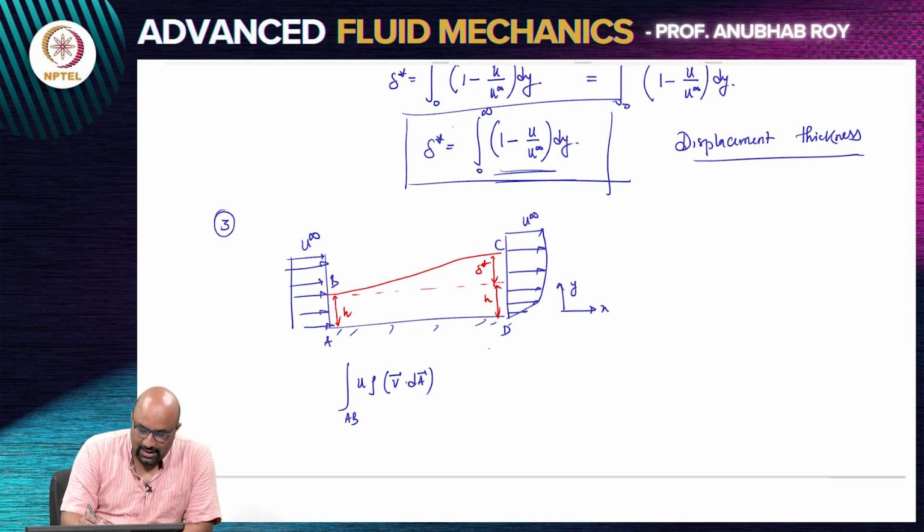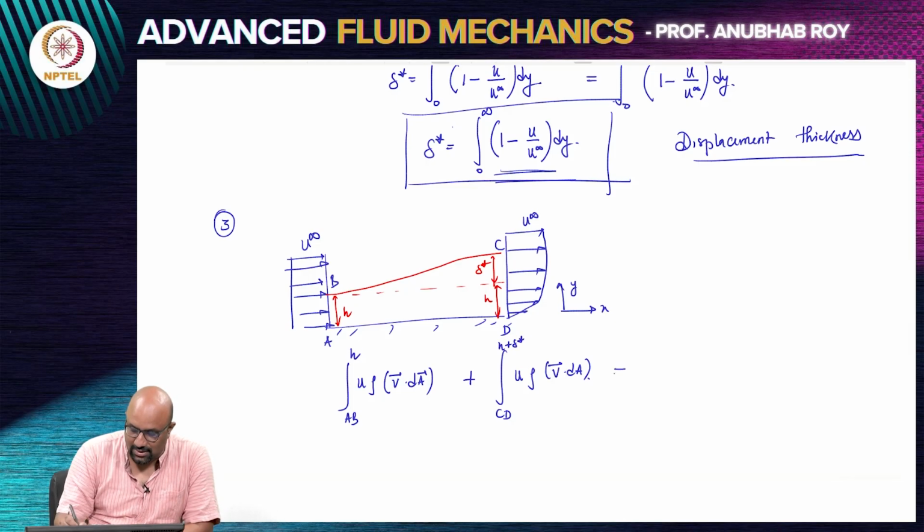The momentum flux that is exiting from region CD will be the integral of u rho V dot dA. Now, the question is, are they in balance? If I now say this is until height h and this is until height h plus delta star, would this basically be equal to 0?